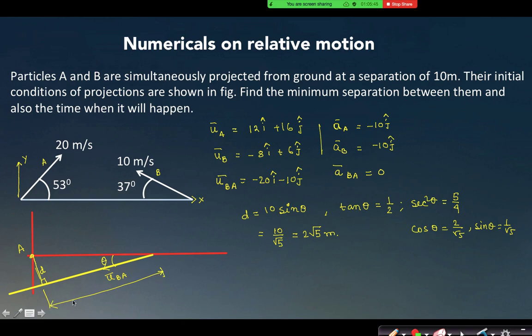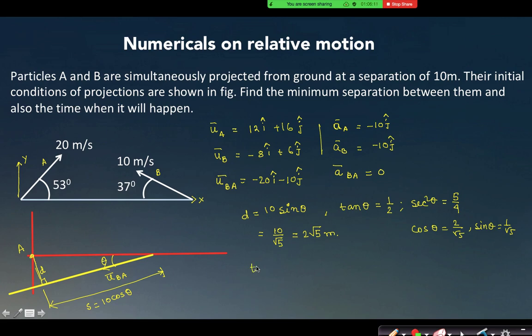This distance is UBA into t, or you can say it is 10 cos theta also. And this 10 cos theta, it has traveled with a constant or uniform velocity with respect to A. I am talking in that entire situation with respect to A only, right?